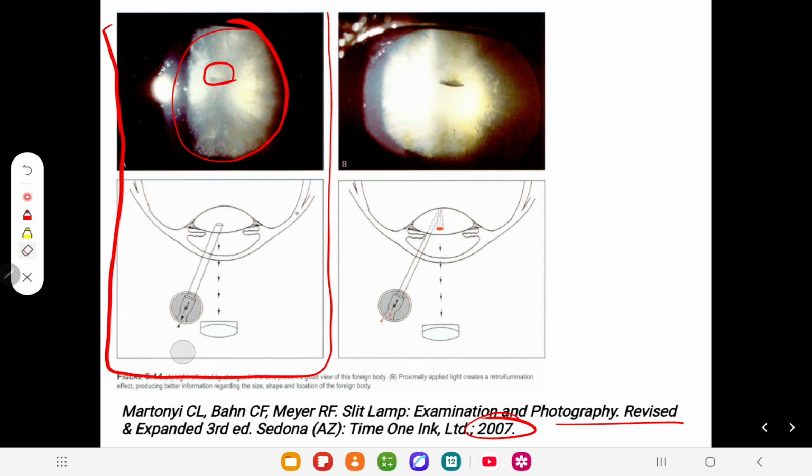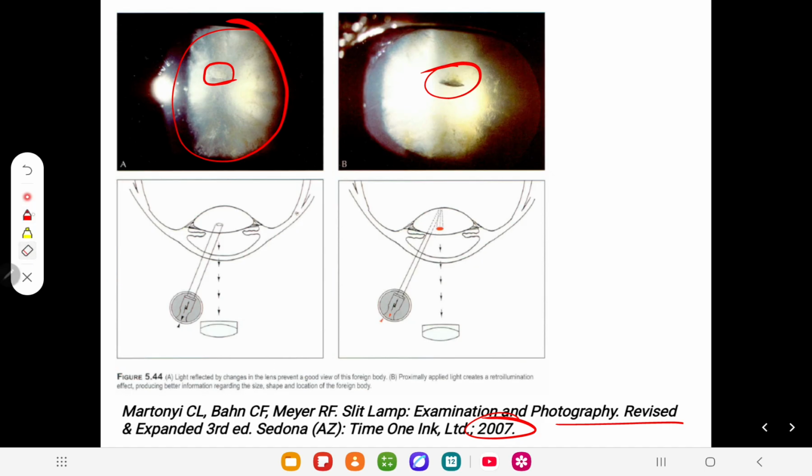But whenever you use proximal retroillumination, light is thrown at the back side of the lens and the light comes from the back, retro, from behind, and you see this structure clearly, can't you? That's what I am talking about, proximal illumination.